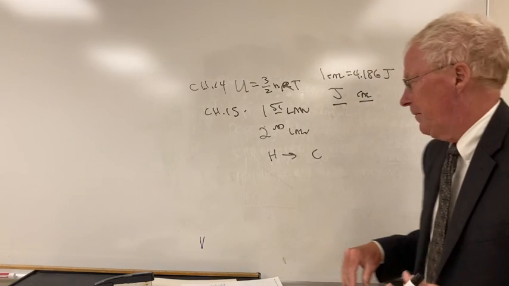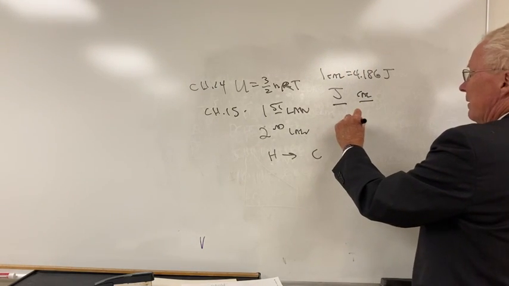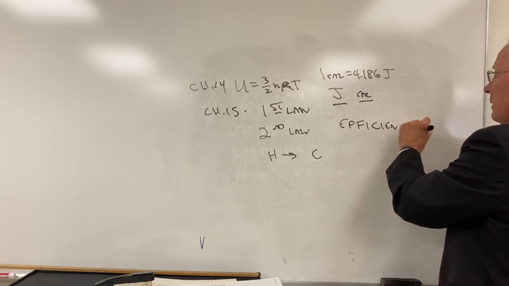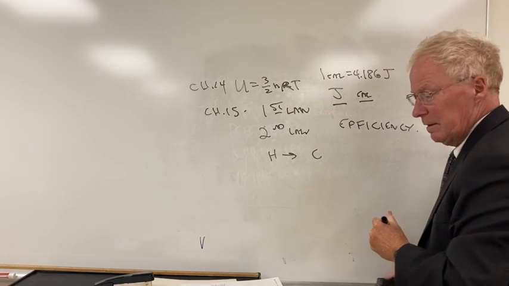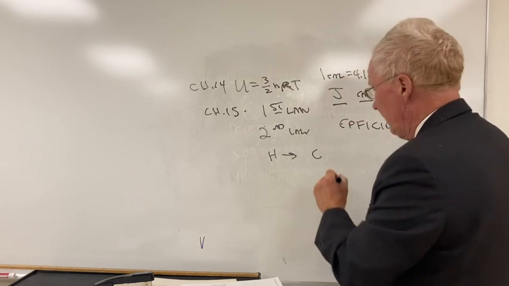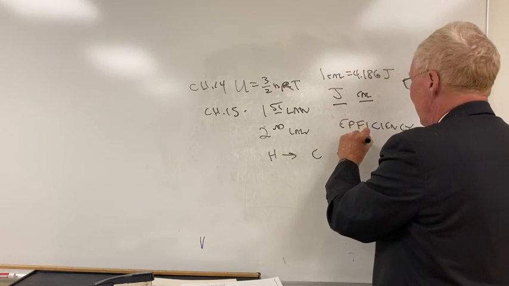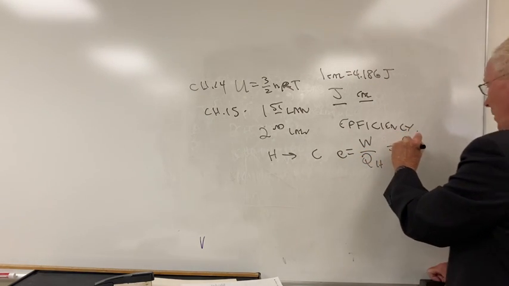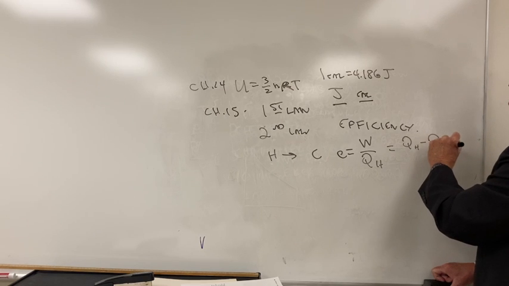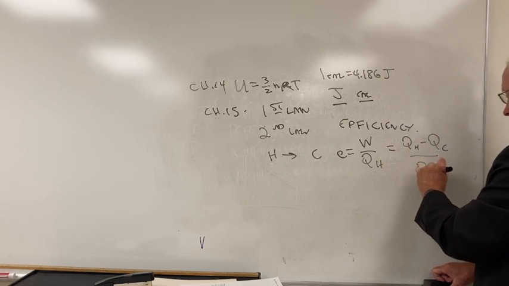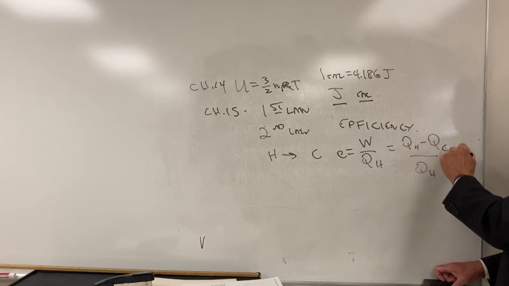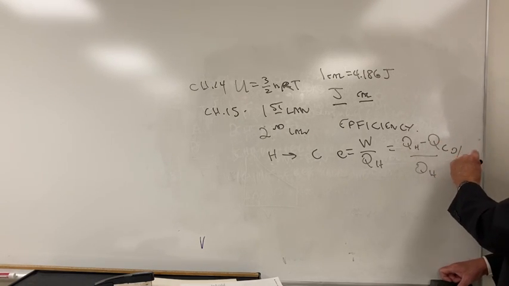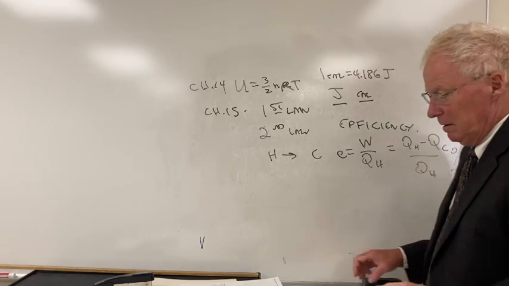And then again, efficiency of an engine, which is work over Q hot, which is Q hot minus Q cold. So energy put in, energy that exhausted, divided by that times 100% as a percent.